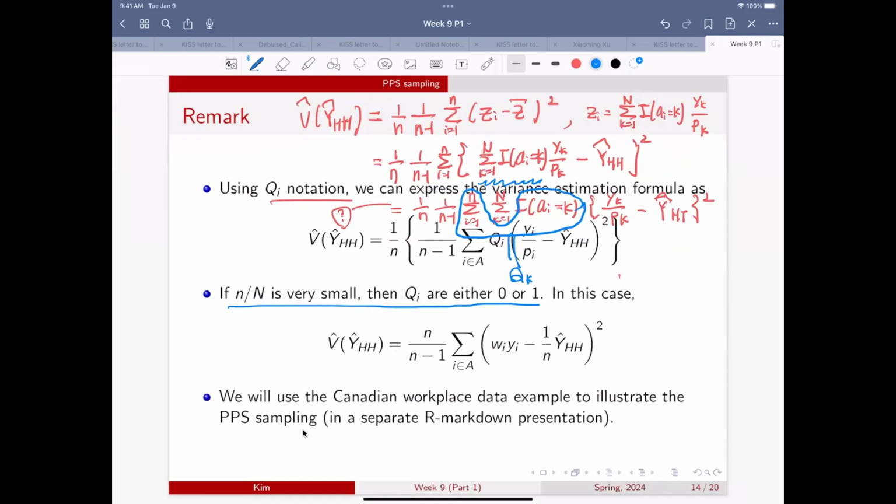So then in this case, qi in sample A, qi is all equal to 1. And then this guy is n times pi equal to pi i, so 1 over n pi is 1 over pi, which is wi. So then you can get this.